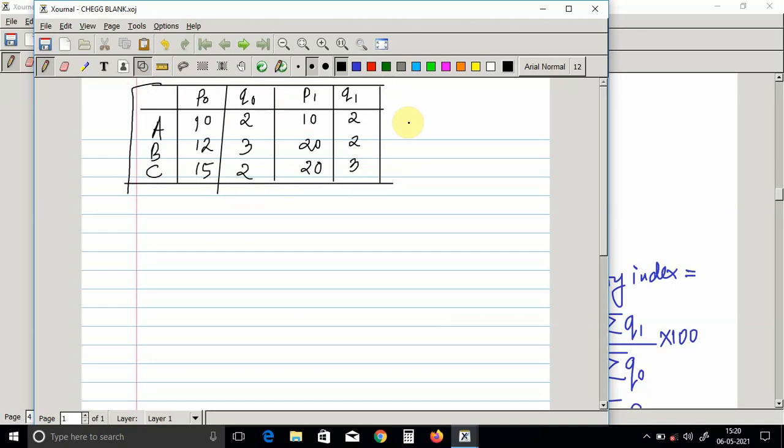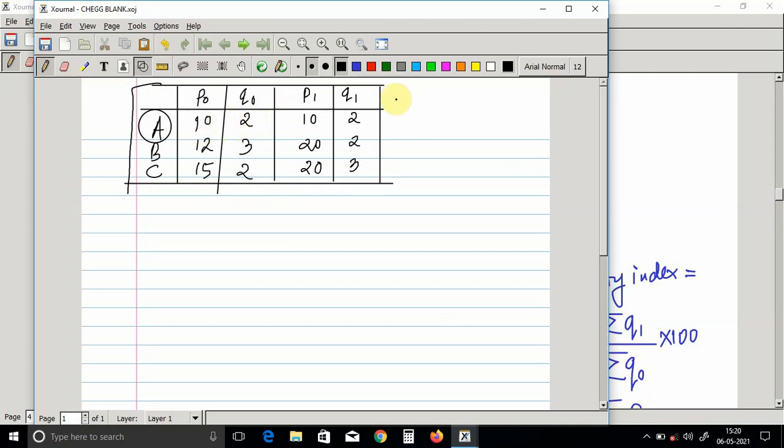Okay. Now what do you mean by value? So value of this commodity is its cost, its rate, and its quantity. So the total amount is the value of that commodity. कितना खरीदा है, क्या rate पे खरीदा, that is the value.